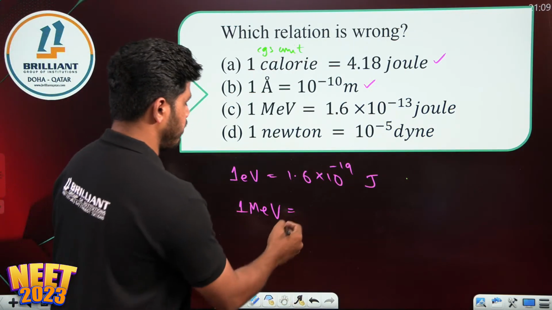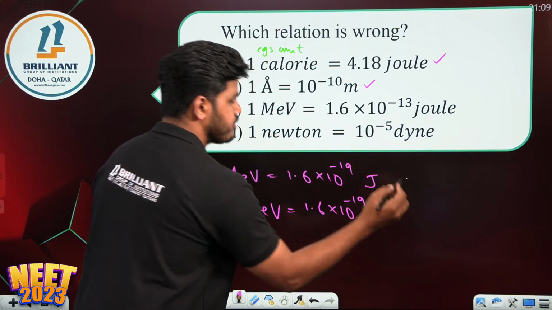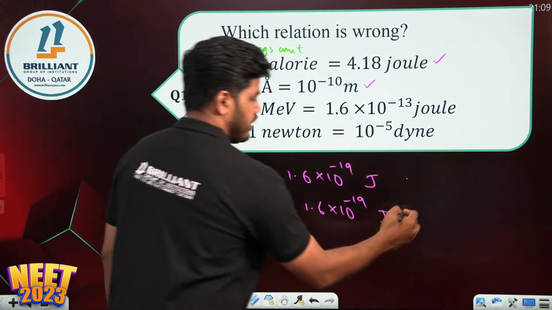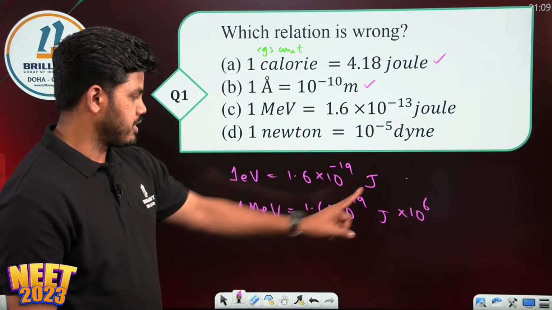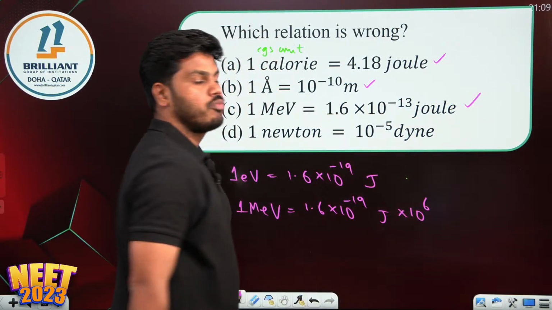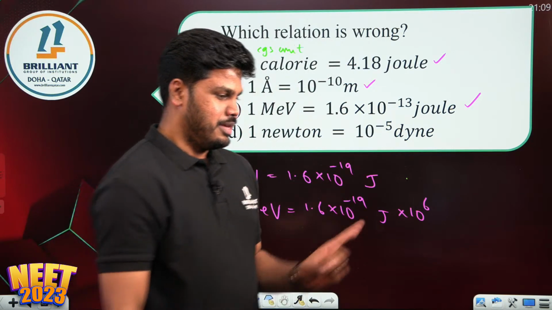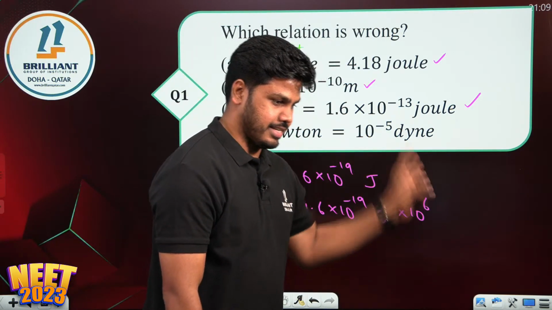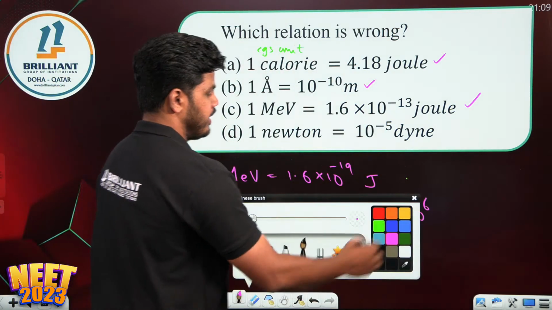So it is 1.6 into 10 raised to minus 19 joules into 10 raised to 6. Minus 19 and 6 gives 10 raised to minus 13. Option C is also correct. And finally, the last one, D.